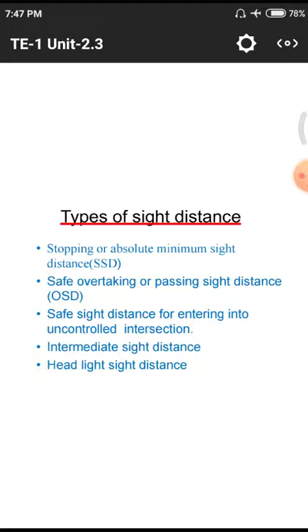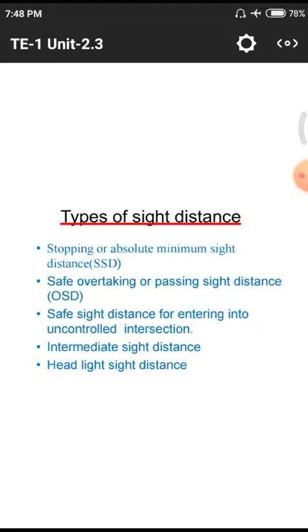In unconfined intersections there are no crossings and other points located, so we have to go as safely as possible. There are no measurements, no markings, no red lights, no street lights, and no police patterns in those unconfined intersections. And next, the fourth one is the intermediate sight distance.